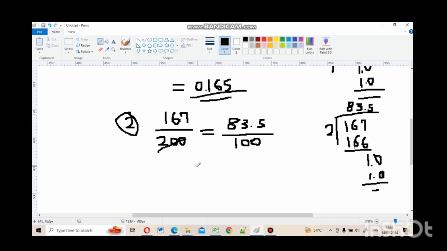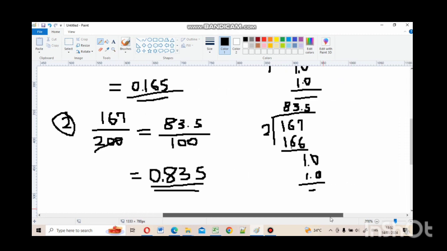Converting this to decimal, this is 83.5 hundredths, equal to 0.835. We count 1, 2, so our new decimal point is here. This is the answer to question number 2.